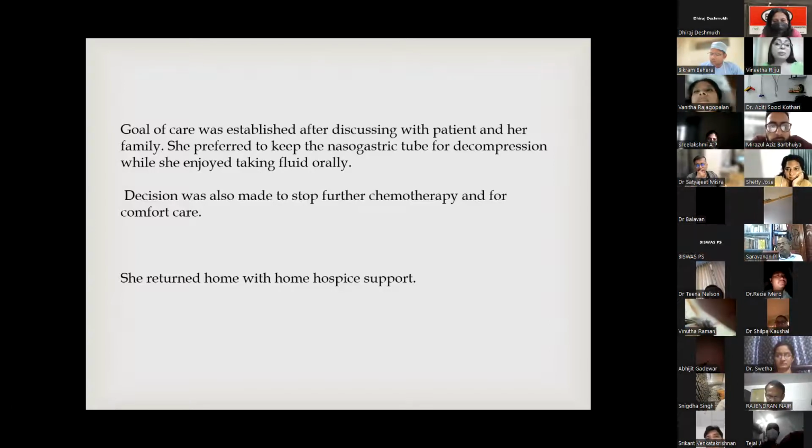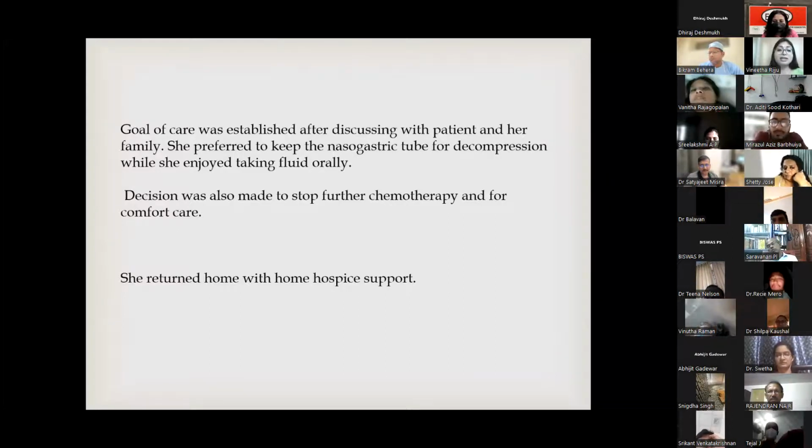At the time of the post-chemo progress, exactly. So do most of you agree with what Dr. Ravi was also telling over here? Right when she progressed on that second cycle, they should have discussed the goals of care.